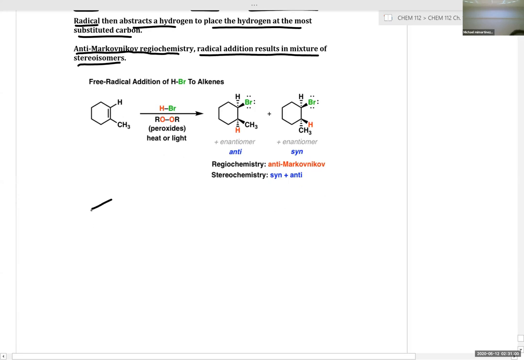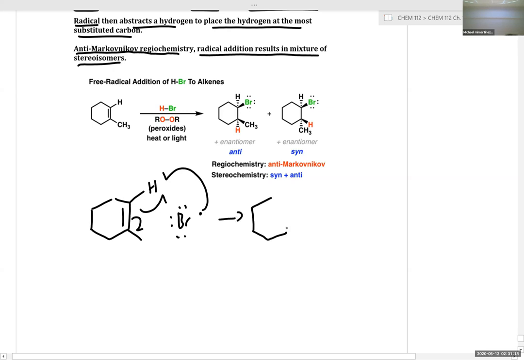So in terms of our mechanism here, once we've generated our bromine radical, the radical will add at the carbon so that after addition, we generate our most stable radical. So this tertiary radical is the most stable radical formed from addition.